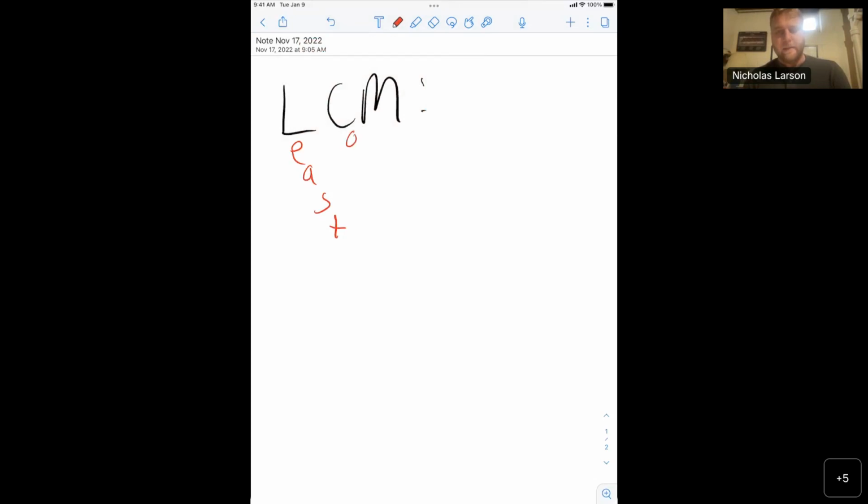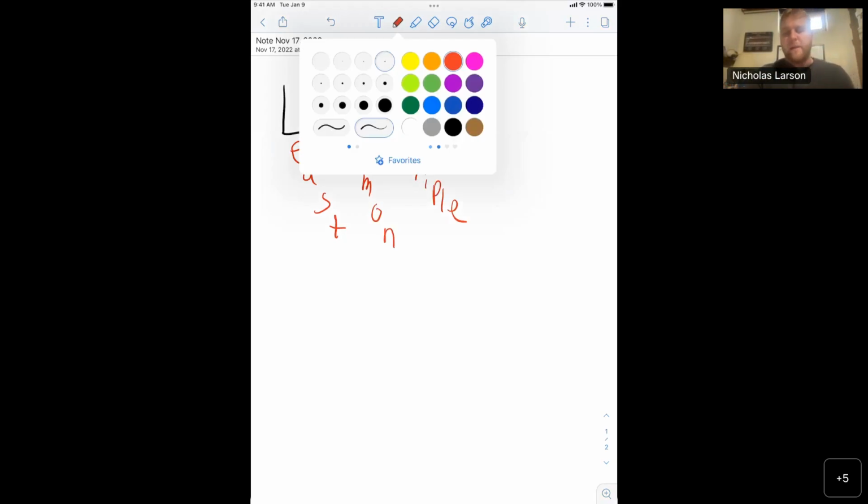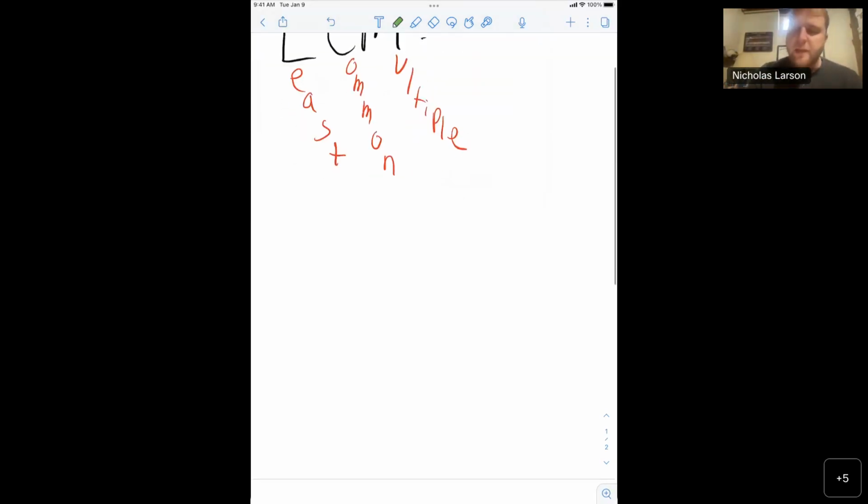Least common multiple, LCM. So what this means is that if we take a number, and we'll even add variables in as well, we want to find multiples of numbers, and then figure out which of those multiples are the same, and then we want the first one that comes to mind, or the least.